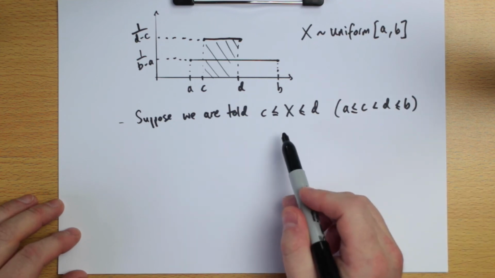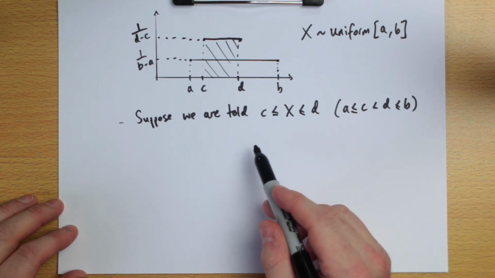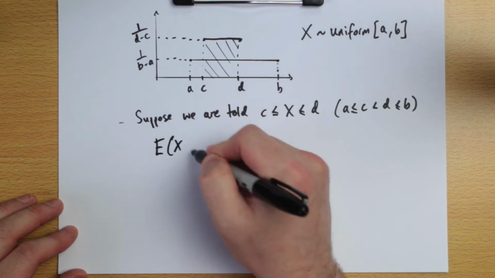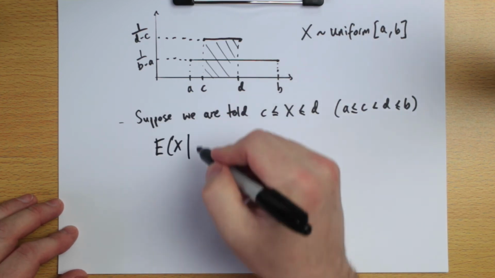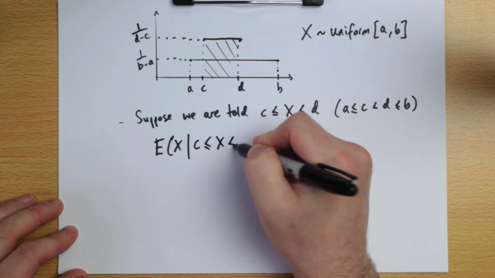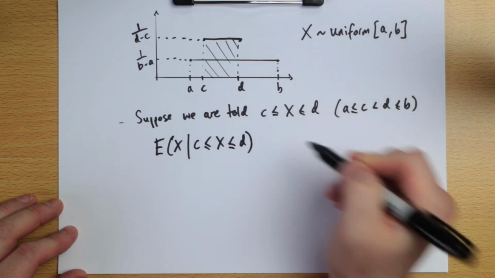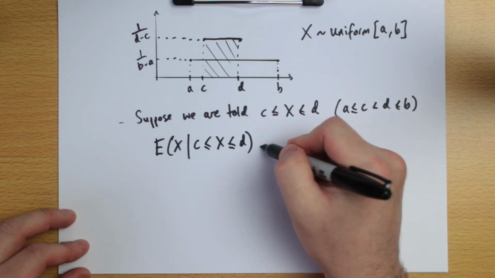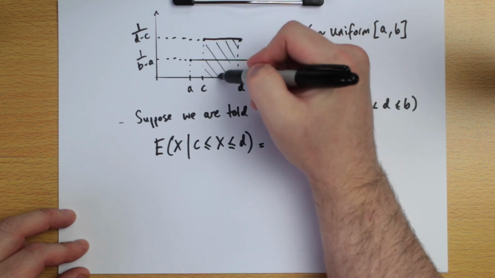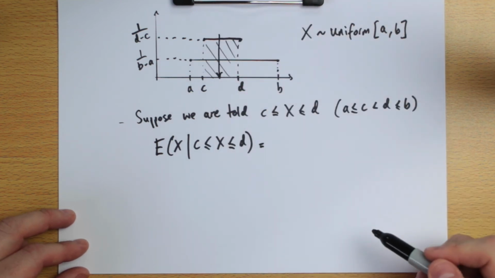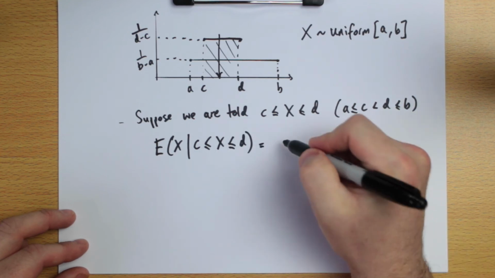And now that we've updated it, what's the expected value? Well, we could say the expected value of x conditional on the information that x lies between the values c and d. We could do an integral and calculate it, but our trick is just to look in the middle of this interval.